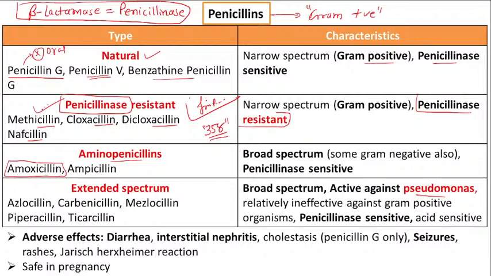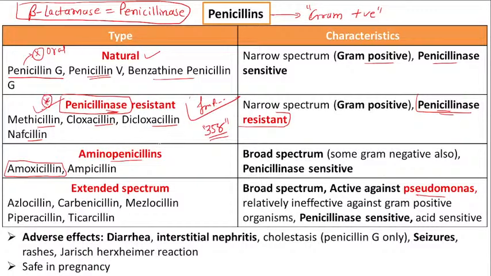And if it won't work, we combine it with a beta lactamase inhibitor, like amoxiclav, amoxicillin plus clavulanic acid. But these penicillinase resistant drugs are resistant to the beta lactamase enzyme, and that is why there is no need to add clavulanic acid, sulbactam or tazobactam. They are called penicillinase resistant: methicillin, cloxacillin, dicloxacillin and nafcillin. So you just remember these names. It's very important for us.